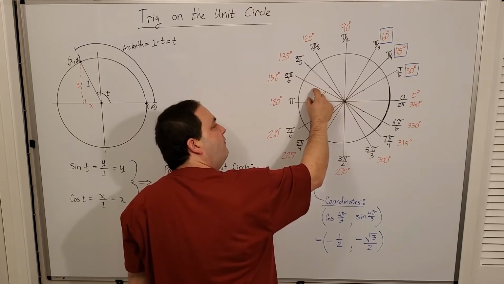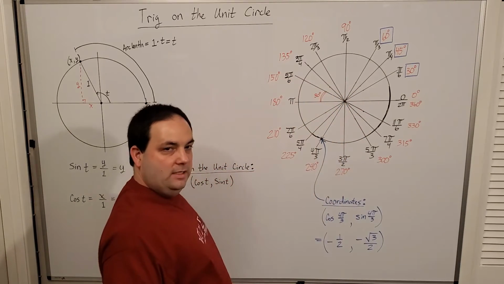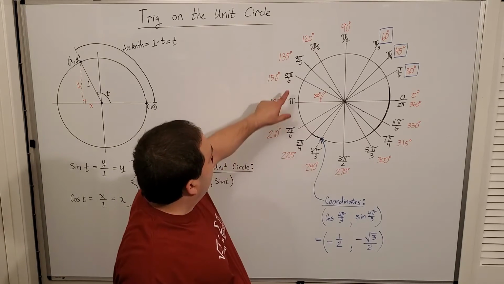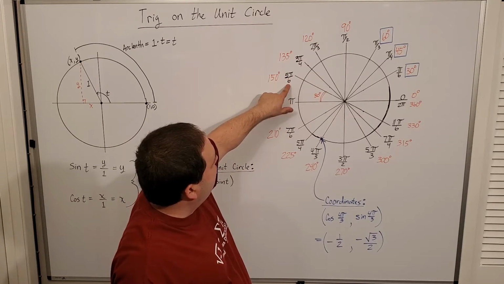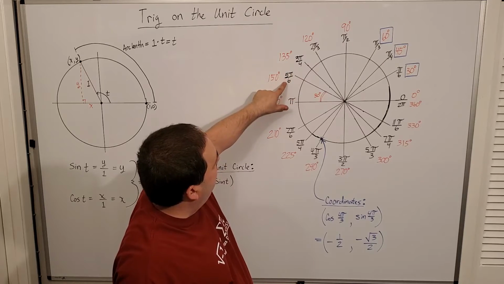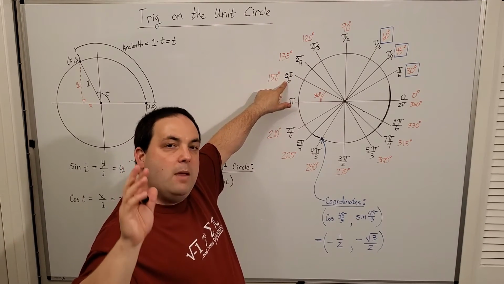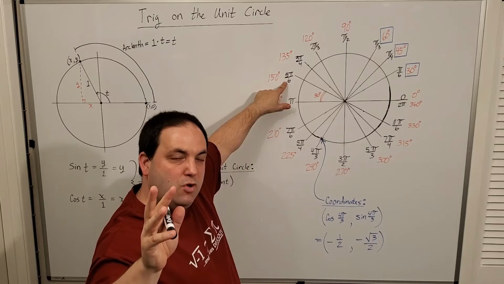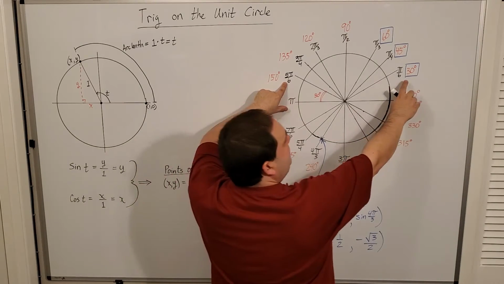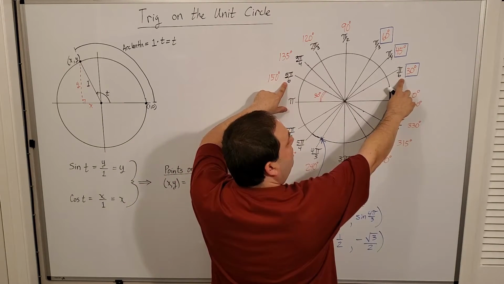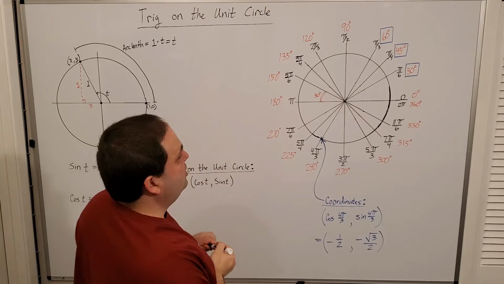But it has a reference angle of 30 degrees. So the sine, cosine, and tangent of 5 pi over 6 is going to be the same size, the same number parts as the sine, cosine, and tangent of 30 degrees, or pi over 6.